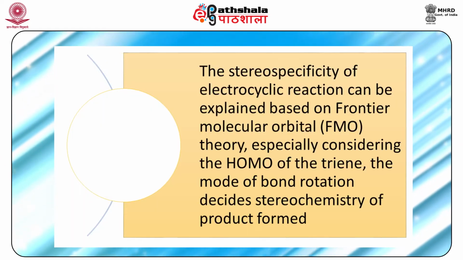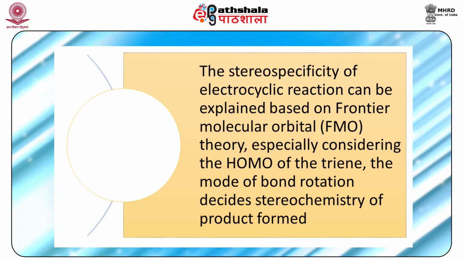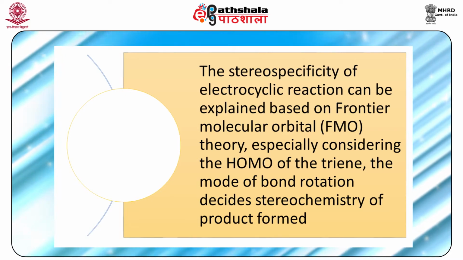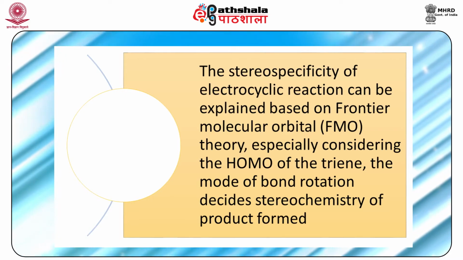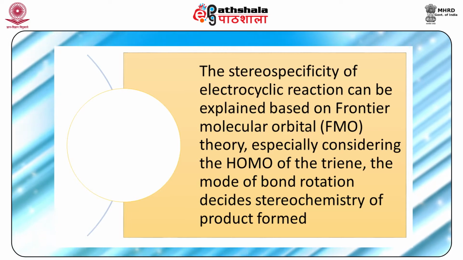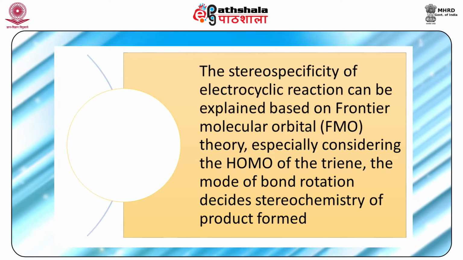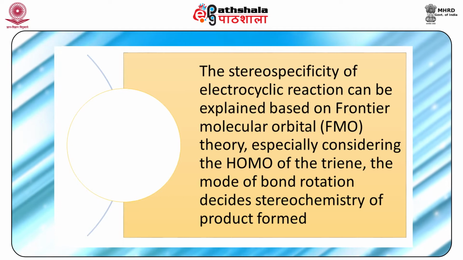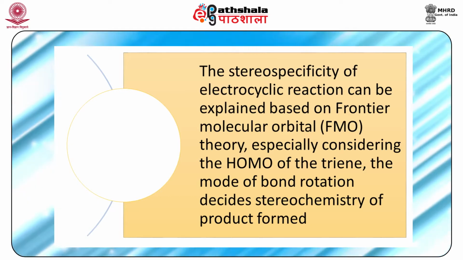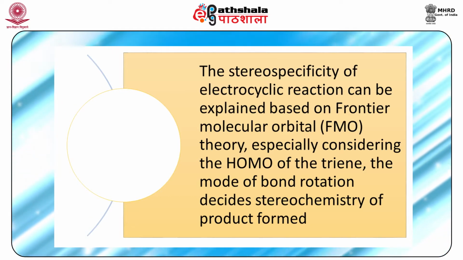The stereospecificity of electrocyclic reactions can be explained based on the FMO theory, that is, frontier molecular orbital theory, especially considering the HOMO of the triene. The mode of bond rotation decides the stereochemistry of the product formed.